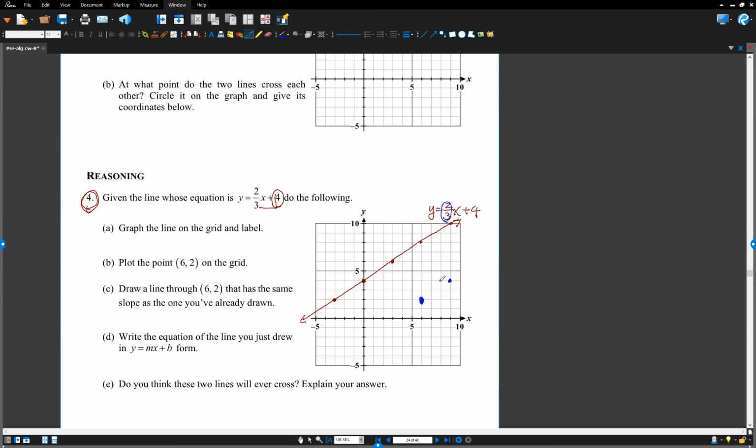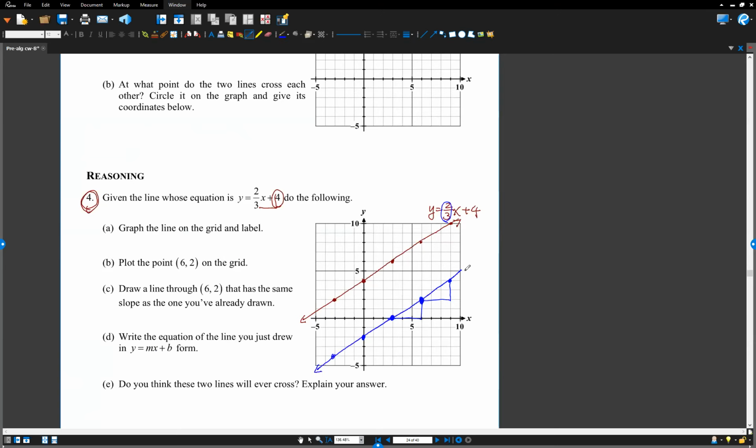Now we fill out to the left-hand side: 2 down, 3 left, 2 down, 3 left. That's the next point, and the next point.